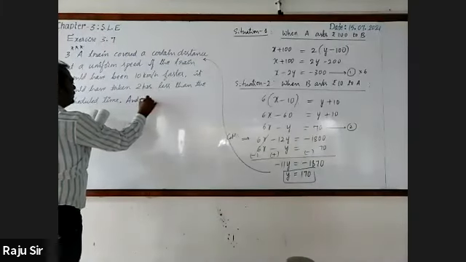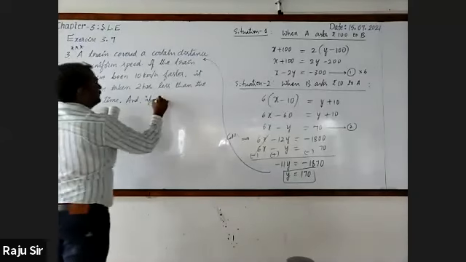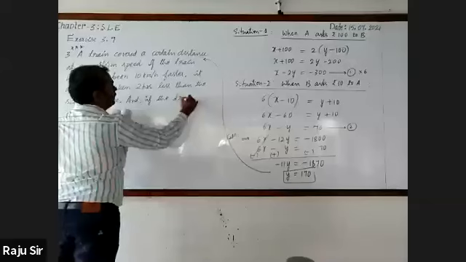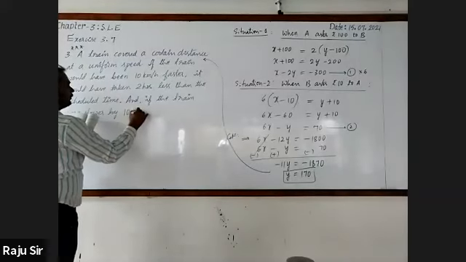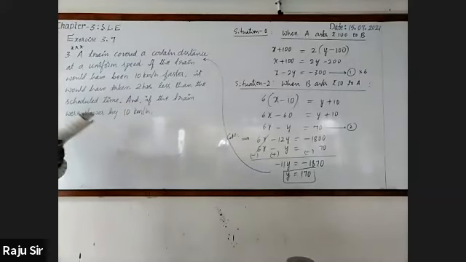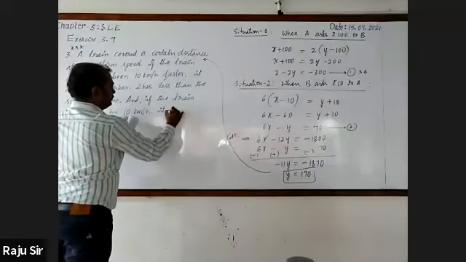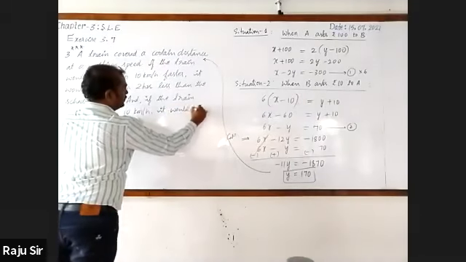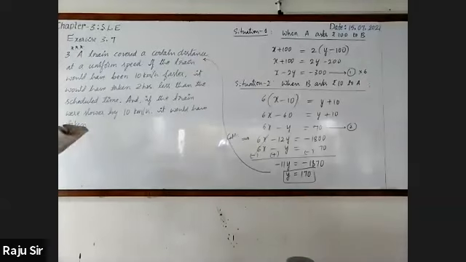And put comma. If the train was slower by 10 kilometers per hour, it would have taken more time or less time?